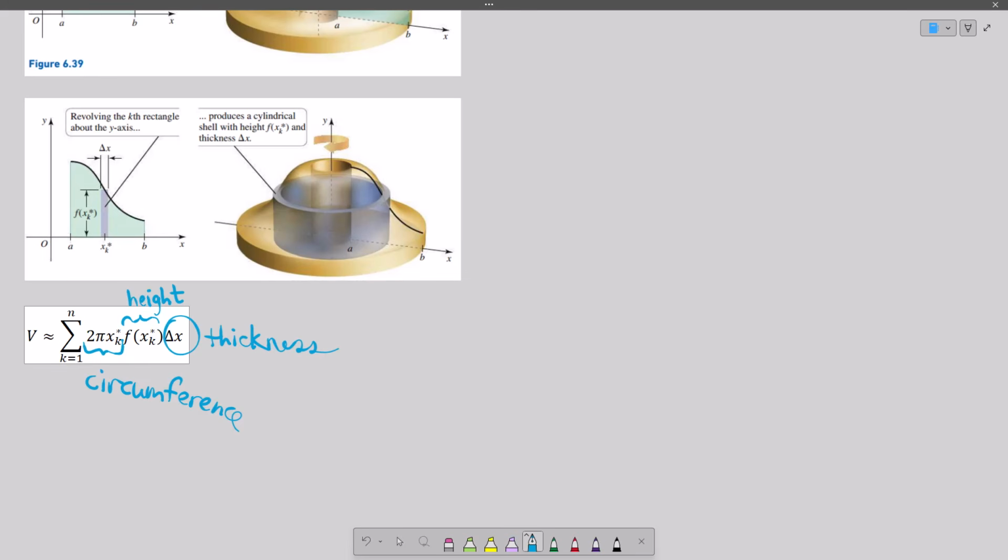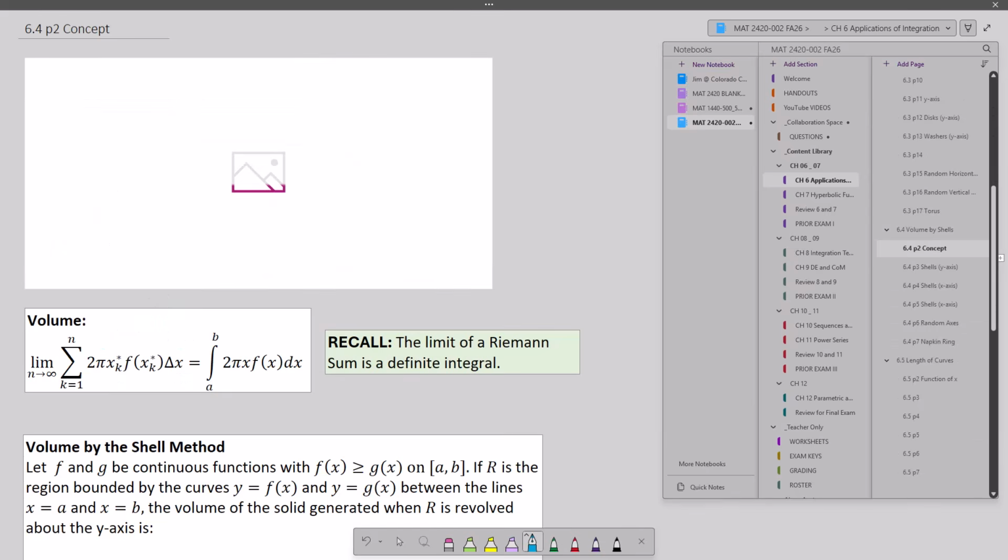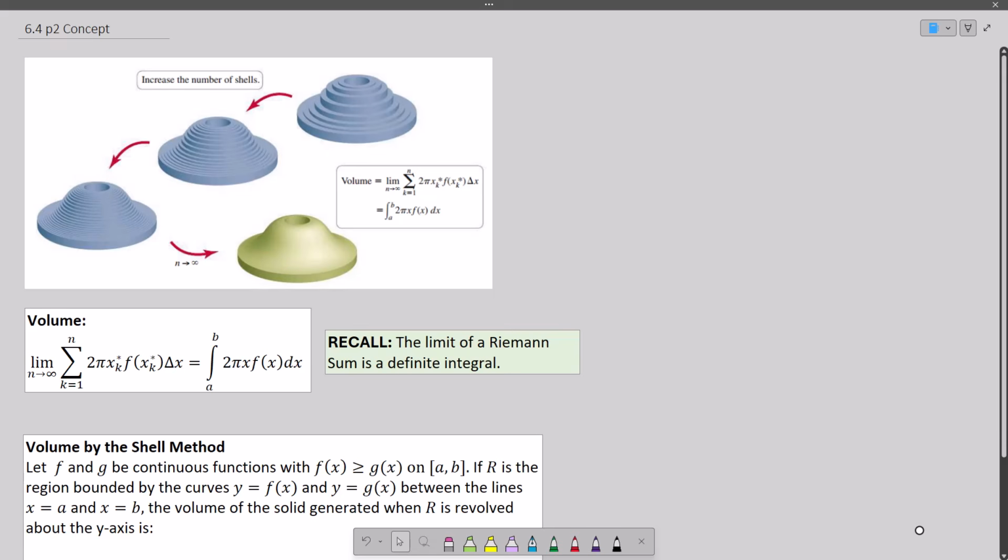As n increases, as you get tighter and tighter cylinders, you fill out the whole volume exactly when you take the limit. So the limit of that Riemann sum, once again, is going to be an integral. It's circumference times height times dx or dy.